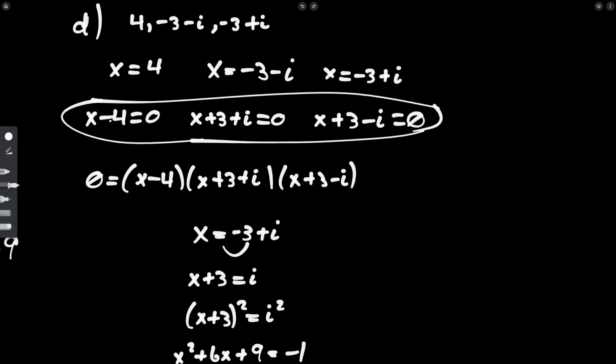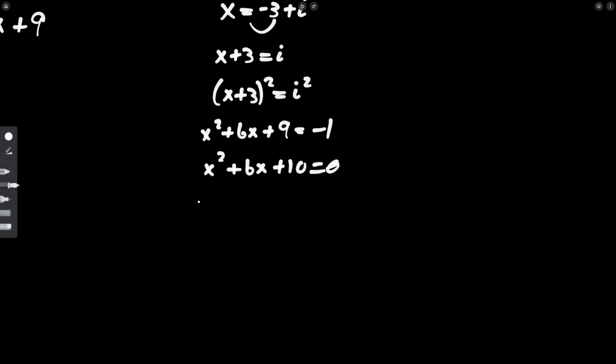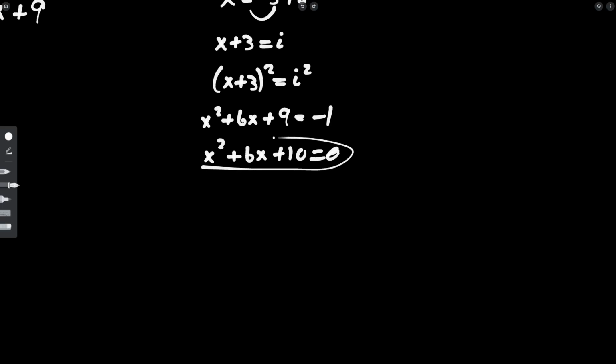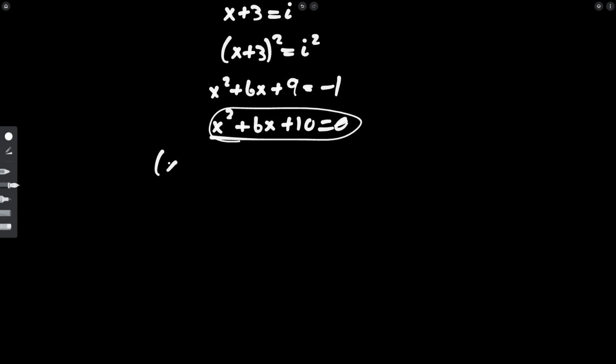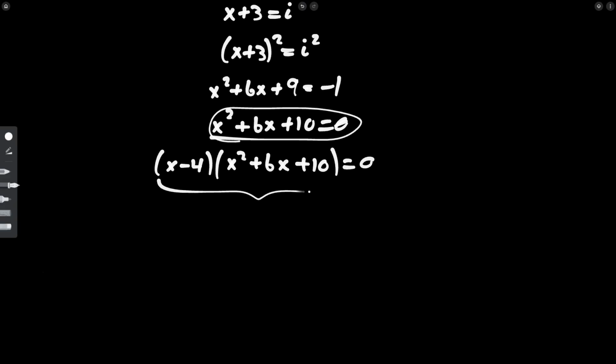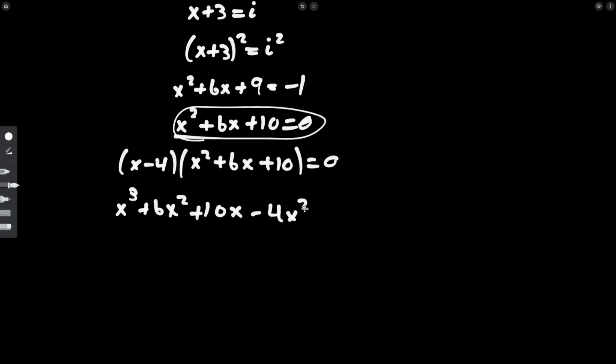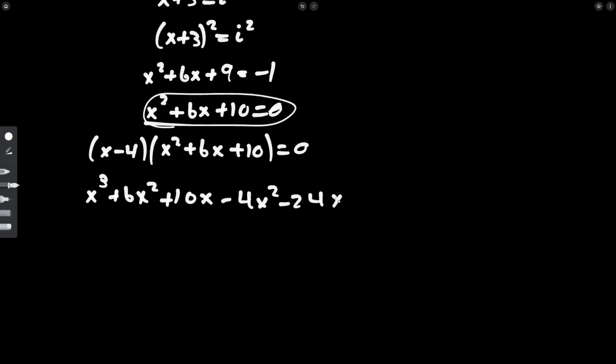Because we have this additional x minus 4 term, what we actually have to do is multiply what we have just gotten by x minus 4. Now, if we do multiply this together, we will get x cubed plus 6x squared plus 10x minus 4x squared minus 24x minus 40.